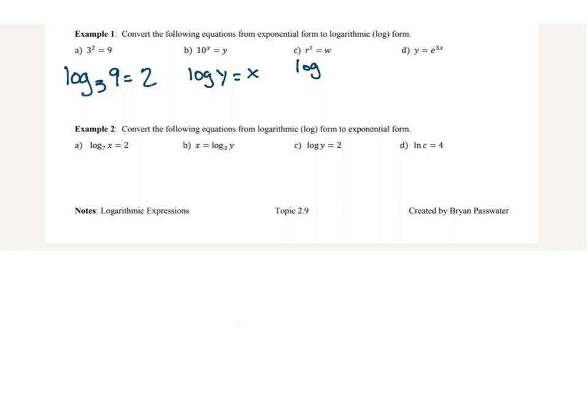Log base r of w is good. What is this? Oh, that's natural log. Oh, we don't know that. Okay, so hold on. We don't know that yet, right? We could call it log base e of y is equal to 3x. Log base e of y is 3x.